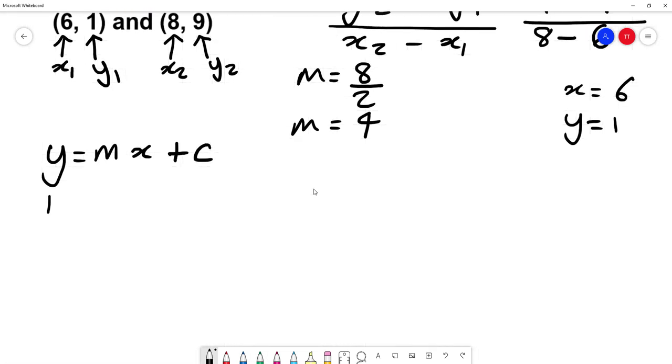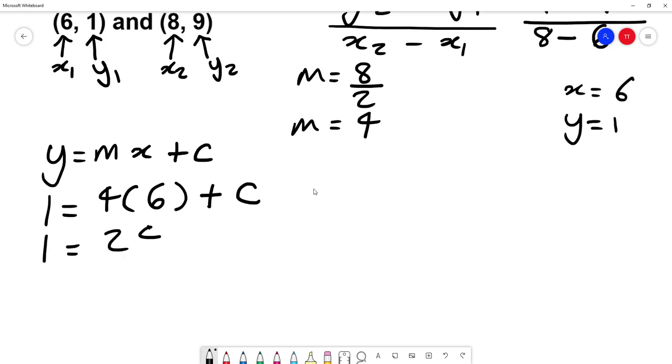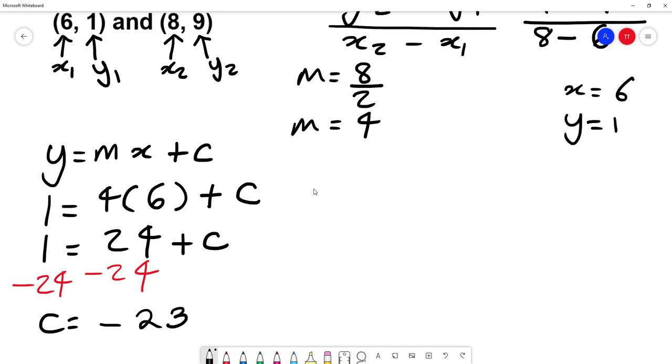So y equals 1, m equals 4, x equals 6, and we want to work out what c is. So 1 equals 4 times 6, which is 24, plus c, and then we're going to minus 24 on both sides of the equation, and c equals minus 23.